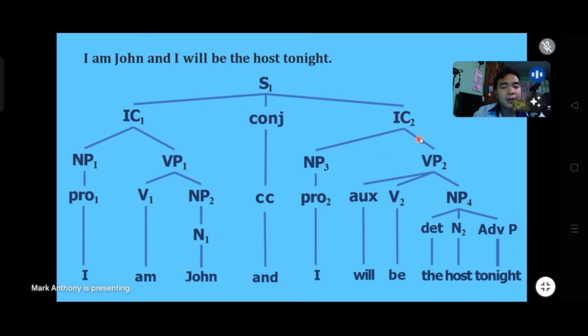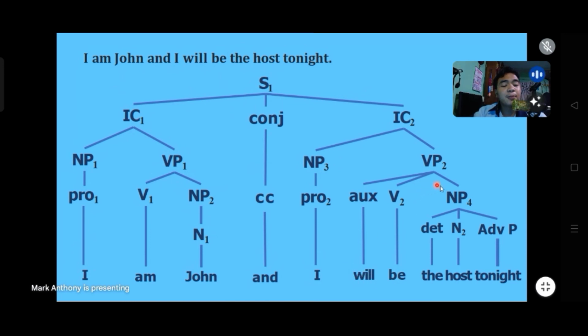And for the second independent clause that we have, it is divided into two subconstituents. And we have again the noun phrase, which is a pronoun because the word is I. And then the verb phrase, we have the word be, which is an auxiliary verb and it possesses the tense, the future tense, will.